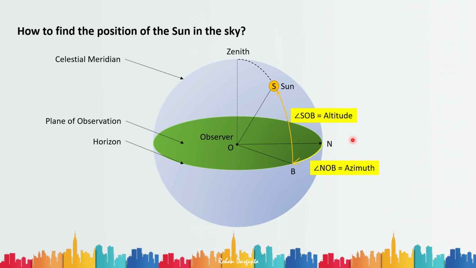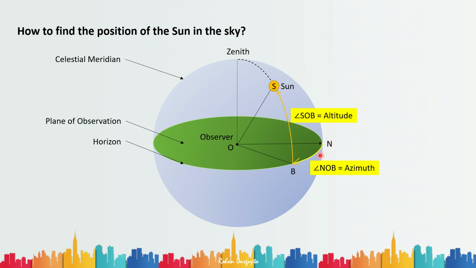So these are the two angles with the help of which we can determine the position of the sun at any given time. Now I want to discuss a little further about azimuth. The sun may be here, or it may be on the other side also. Based on the position of the sun, the azimuth angle, that is NOB, starts at 0 degrees at north, becomes 90 degrees at east, 180 degrees at south, 270 degrees at west, and 360 or 0 degrees again coming back to north.